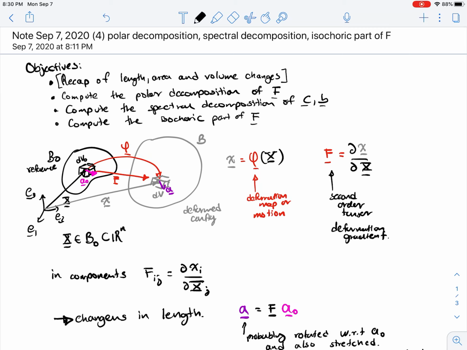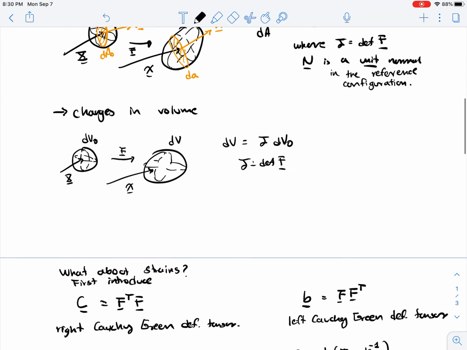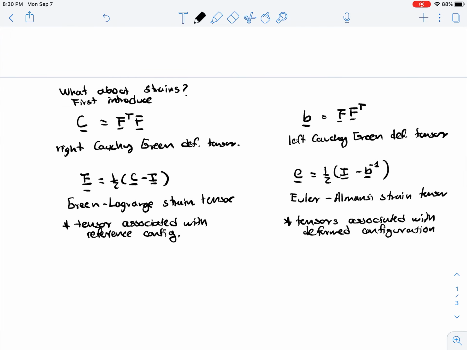So we can define vector fields and scalar fields and tensor fields that are parameterized naturally in terms of these capital X coordinates or in terms of these lowercase vectors. So depending on that, we'll have things that are more naturally associated with the reference configuration or more naturally associated with the deformed configuration. So that's what I mean by, they measure the same deformation in the end, right?